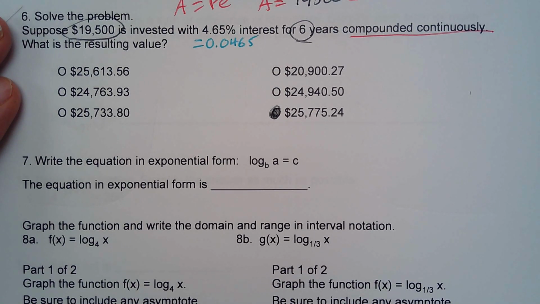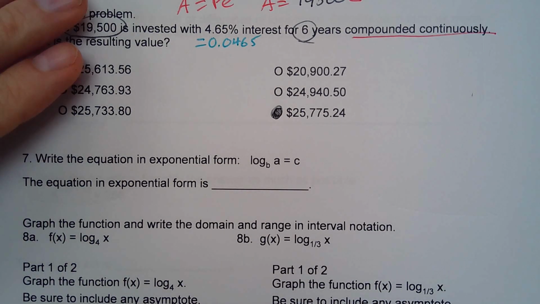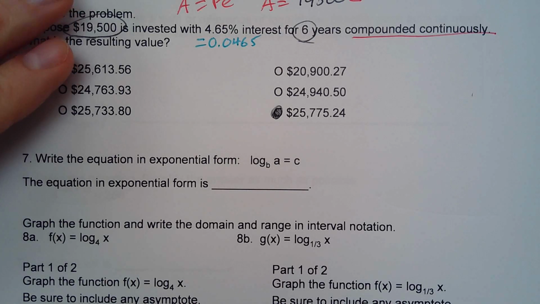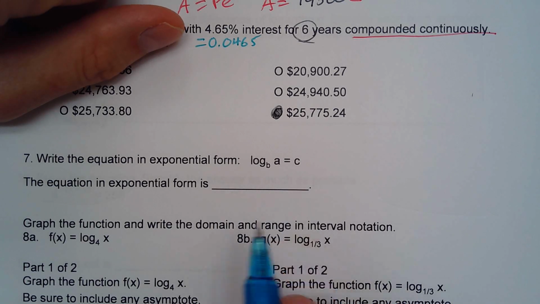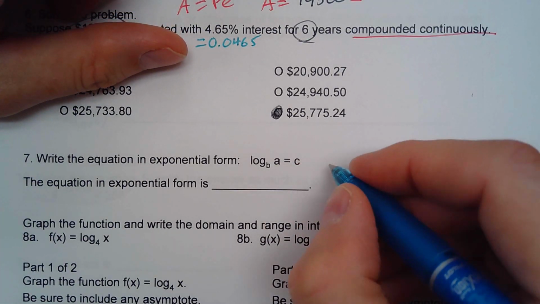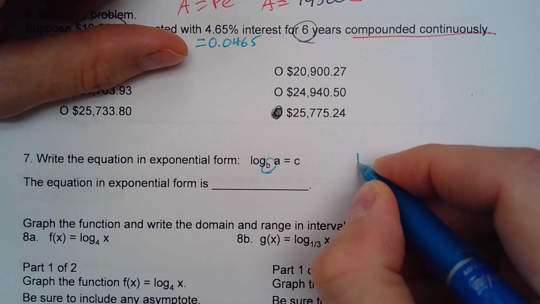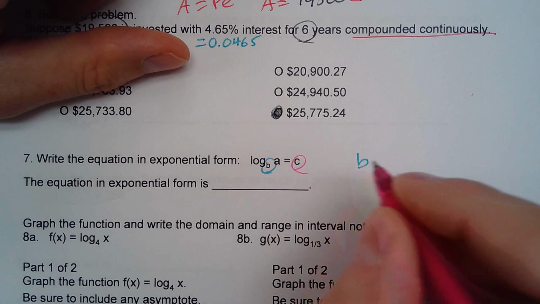All right, so this next one, write the equation in exponential form. Okay, so what you need to do is rewrite this. My base here is b. My power is c.